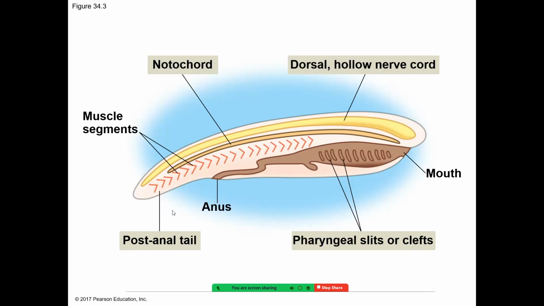So you can see that the tail is behind where the anus is found. Here's your notochord. Here is the dorsal hollow nerve cord. And then you have pharyngeal slits or clefts. These slits or clefts can become different things in different species. But those are the four things that must be found for a species to be classified in the chordate phylum.